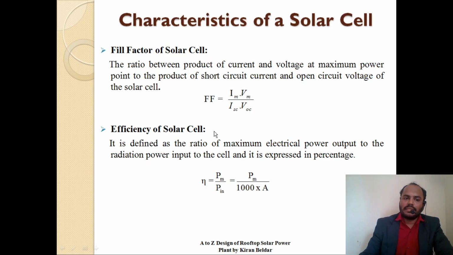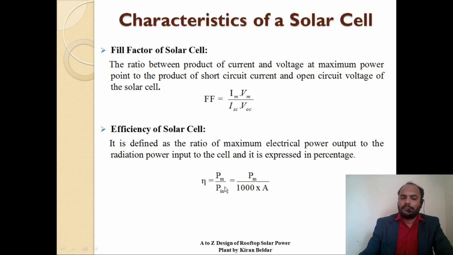Efficiency of solar cell. It is defined as the ratio of maximum electrical power output to the radiation power input to the cell, and it is expressed in percentage. When we expose a solar cell to the environment, the efficiency is the maximum power the solar cell can deliver to us for a particular input.